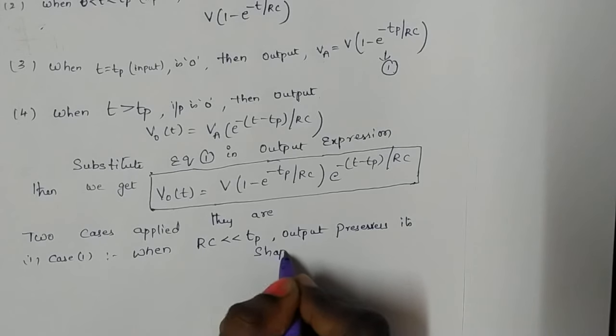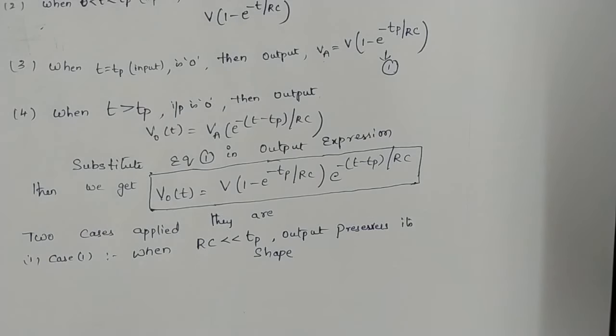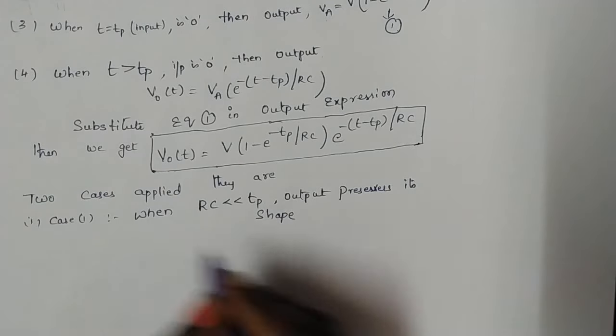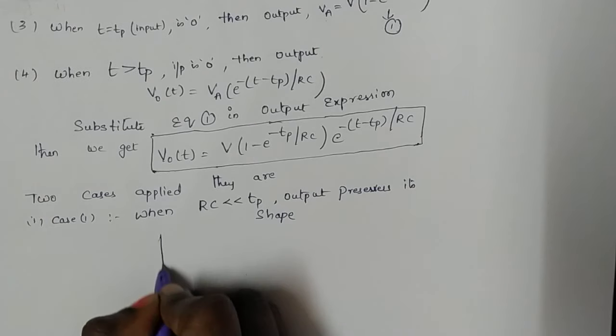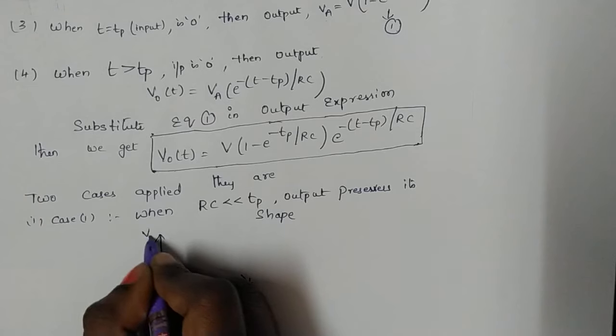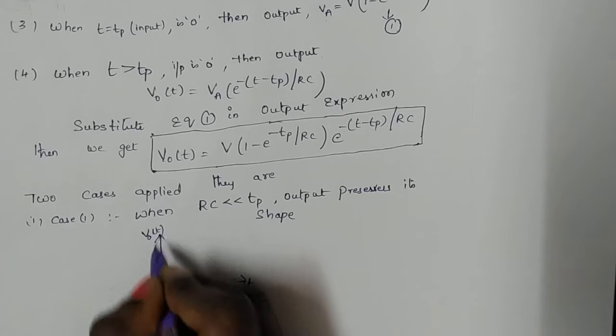That means there will be a sudden increase and a sudden decrease in the output waveform. It will be almost similar to the input waveform. See here the waveform, it will be represented like this. This is the time period. This is the output waveform V0 of t.